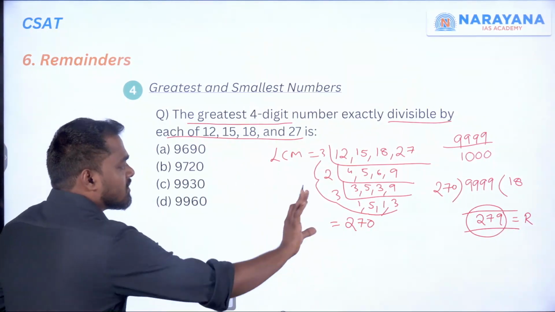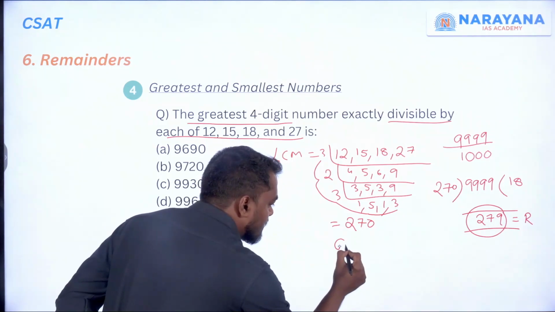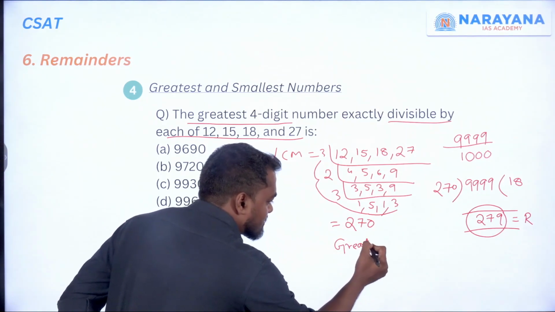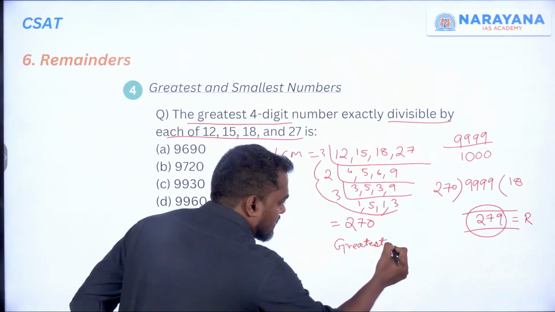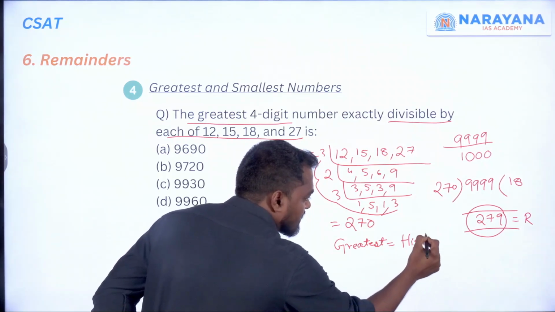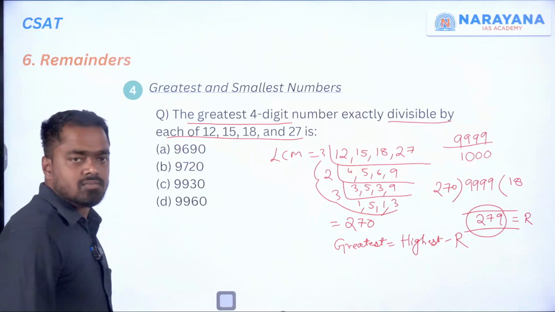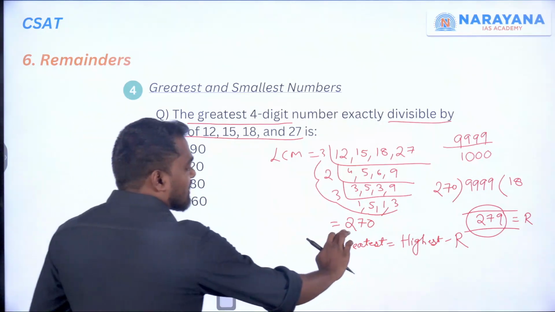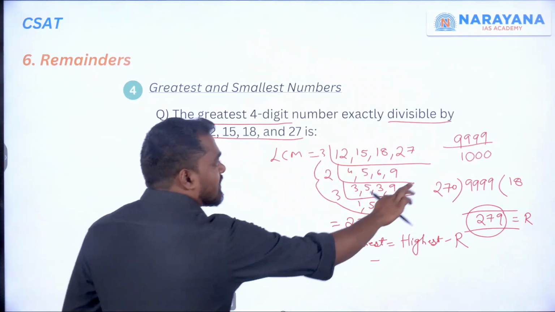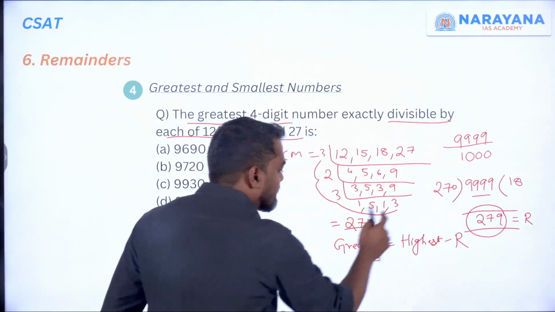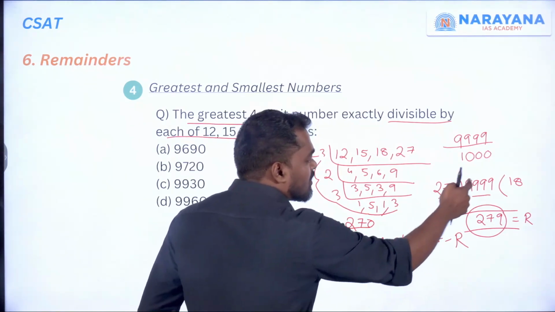Now there is one simple rule: the greatest number they are asking is equal to highest minus remainder. If you are dividing that highest 4-digit number with 270, you are getting a remainder.